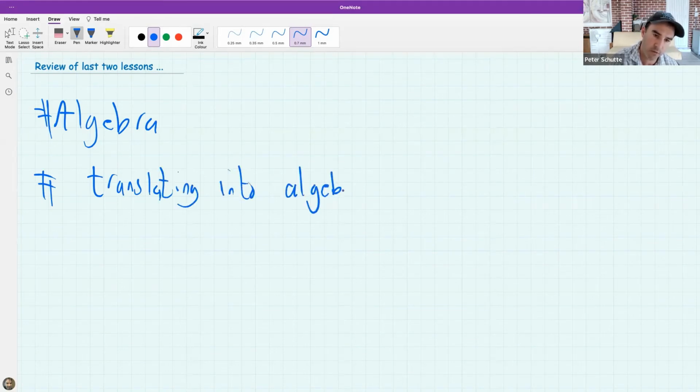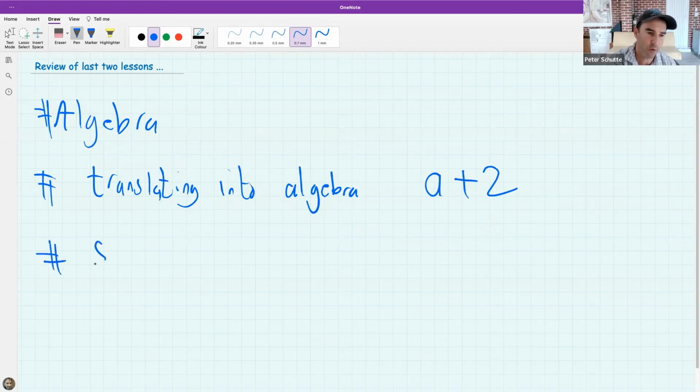If you go back and watch that lesson, you'll notice a lot of it is turning from English into algebra using the language of variables. We might say something like, if you add a of something to 2, then we got an expression like that. So that was the first lesson.